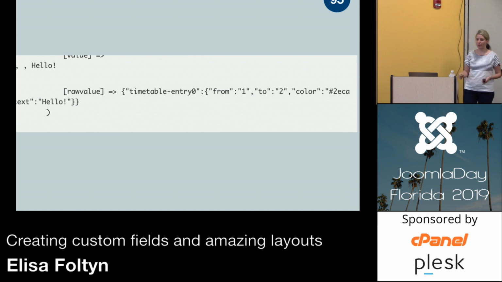Timetable entry is from 1 to 2, the color, and hello. That's every value we set. And here you see that the repeatable field values are stored in a so-called JSON value. You see that by the curly braces.